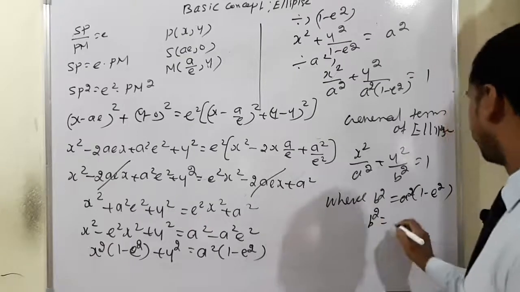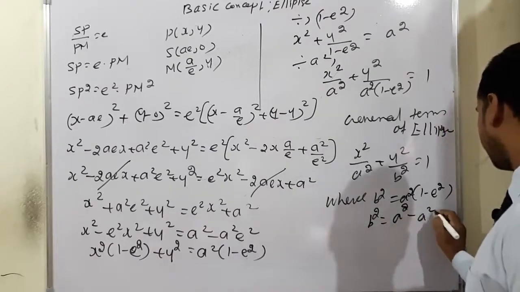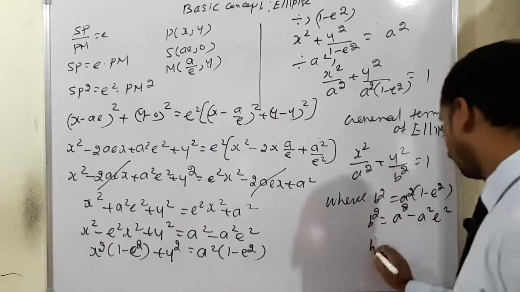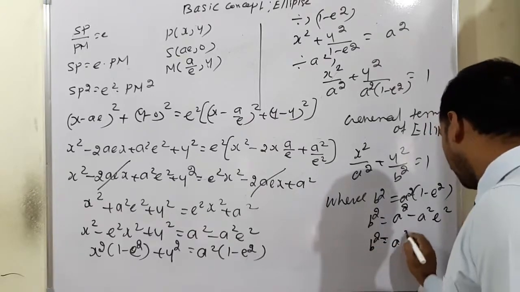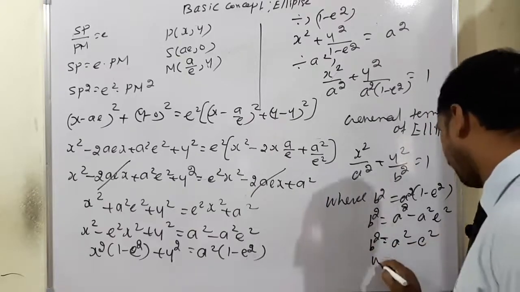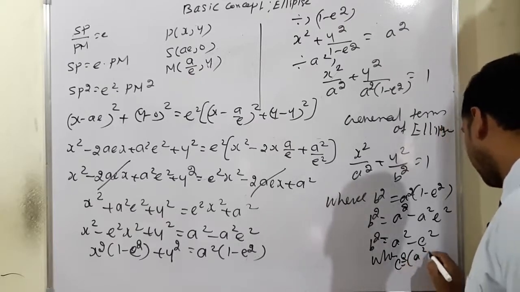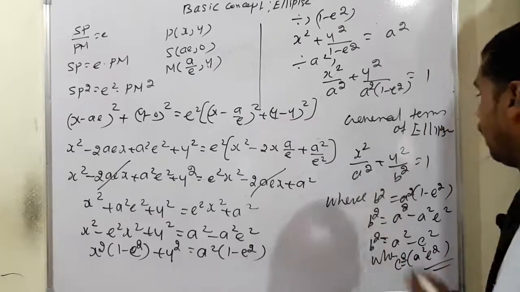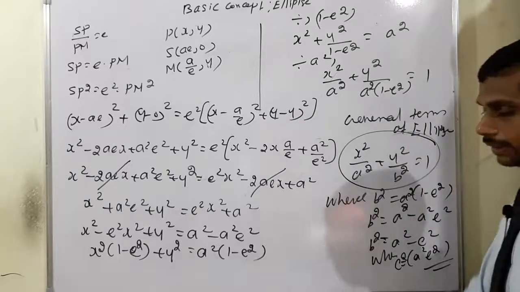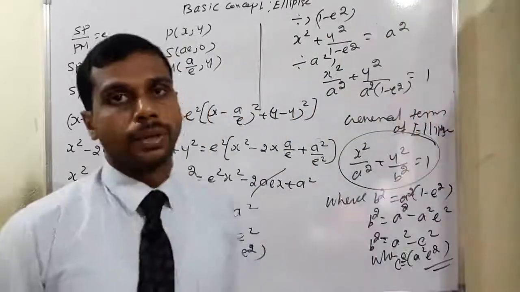Therefore B square is equal to A square minus A square into E square. Therefore B square is equal to A square minus C square, where C square is equal to A square into E square.